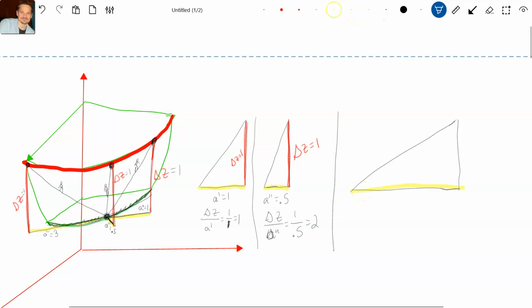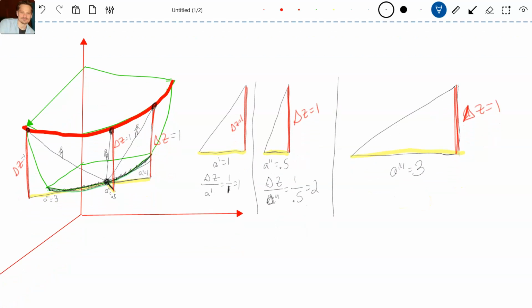So this is the leg for that one, and then this is the delta z. So the delta z again is 1, and the horizontal leg for this one, that's a triple prime, that's 3. And when I compute the slope for this triangle, it's going to be delta z as before over a triple prime. So again, it's just a slope, nothing else. 1 over 3, which is about 0.33, more or less.